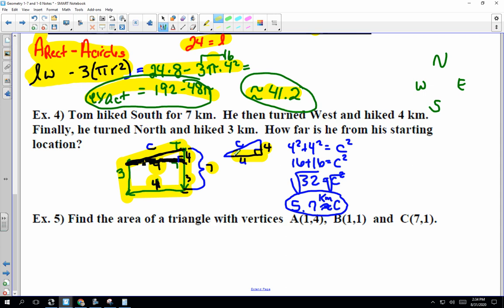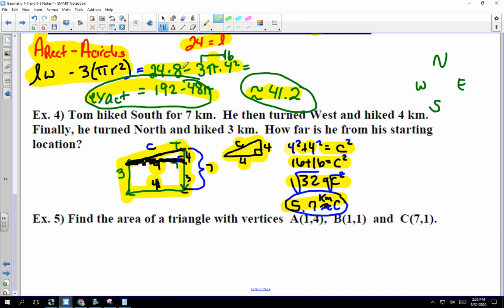That translates into a 4 here. We're trying to find this distance c. So we're going to use the Pythagorean theorem when we have a right triangle. So that's 4 squared plus 4 squared equals c squared. 16 plus 16 equals c squared. 32 equals c squared, and we're going to square root both sides. 5.7 kilometers is our approximate distance.